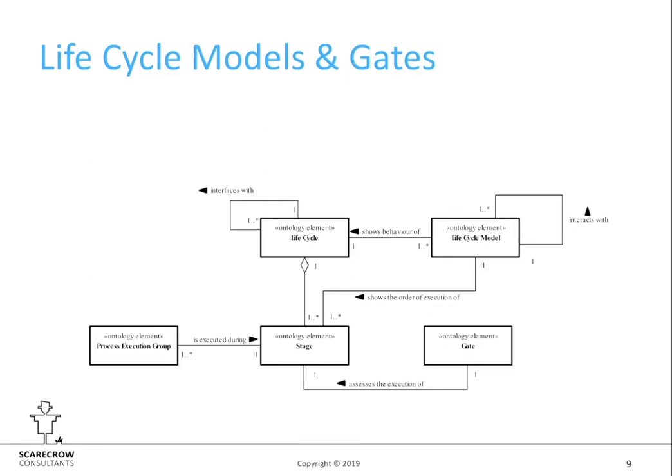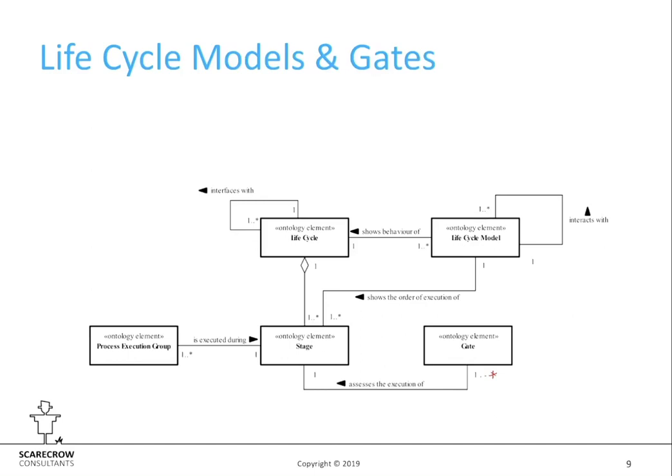The first thing here is the concept of a gate, and a gate is a point in time. Normally, it's at the end of the stage, though not always. A gate assesses the execution of the stage, and there could be one or more, sometimes 1 or 2 gates, sometimes mid-stage gates.